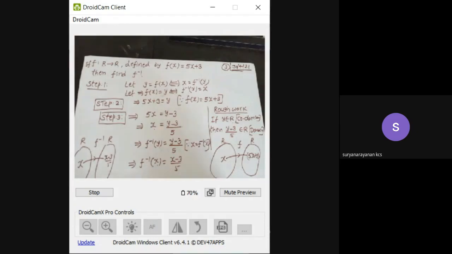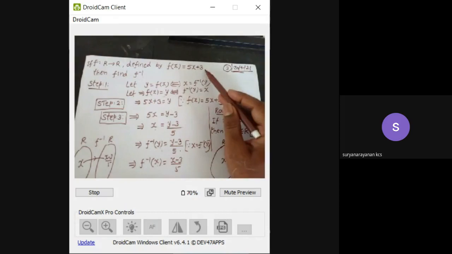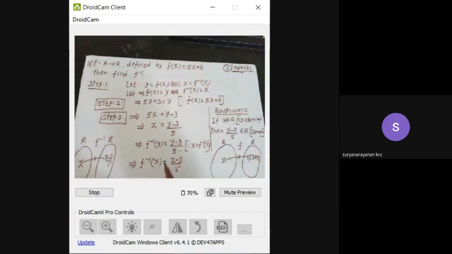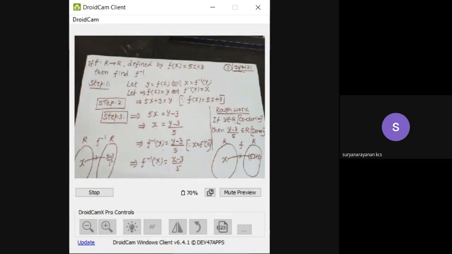Okay, my children. Here the image of x is 5x plus 3 according to the function defined. We found f inverse of x, meaning the image of x under the function f inverse, is (x minus 3) by 5. This is also a real number. It lies in the real numbers. These are the steps.